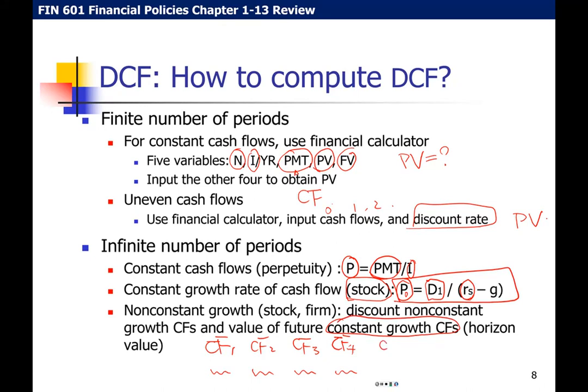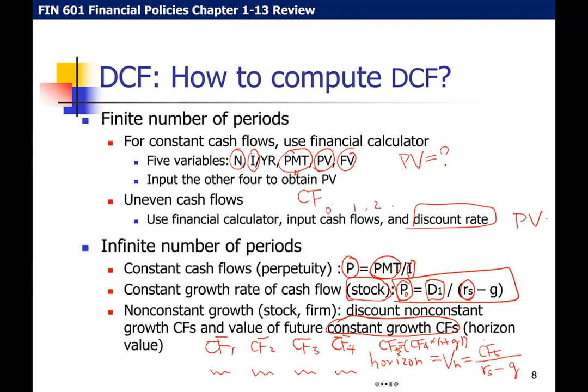So cash flow 5 will be cash flow 4 times 1 plus a growth rate. For any cash flow beyond time 4, we can find a horizon value, V of horizon, that is equal to the cash flow at 5 divided by the required rate of return of the stock minus that constant growth rate.